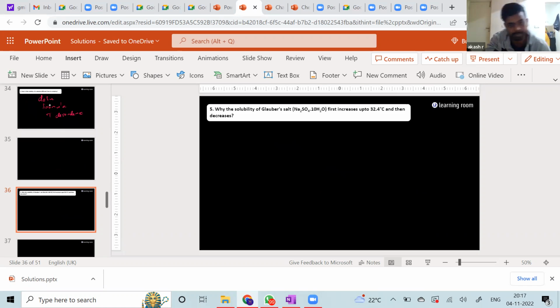Next. Why does the solubility of Glauber salt first increase up to 32.4 degrees Celsius, and if I still increase the temperature, it decreases?